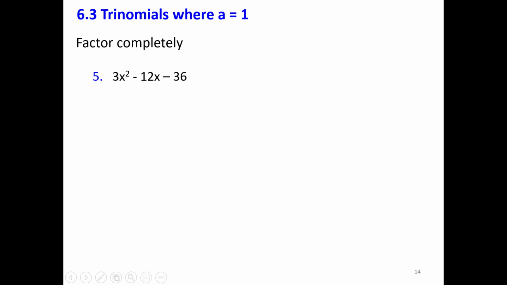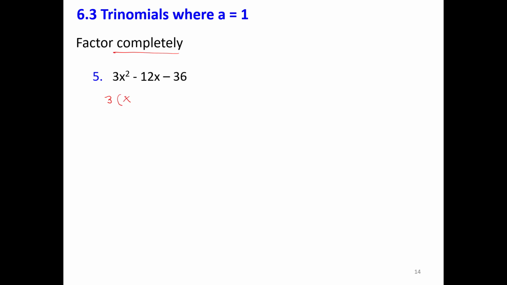In this case, the greatest common factor for 3, 12, and 36 is 3. We write this in front, and first we use the greatest common factor to factor out, but we need to factor out completely.